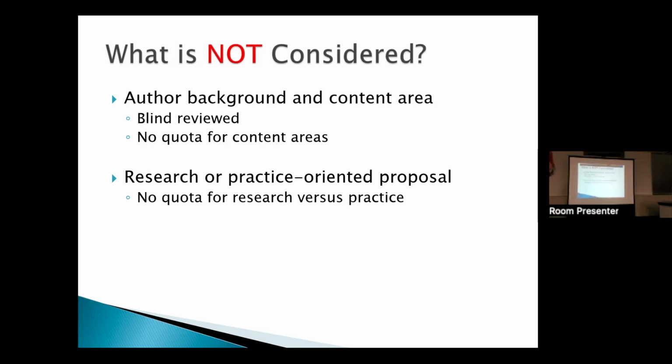We don't know who you are. And there's no quota for content or evidence. Okay. We do not consider whether it's a research or practice-oriented proposal. We just accept the ones that are most highly rated. So there's no quota for research or practice-oriented.